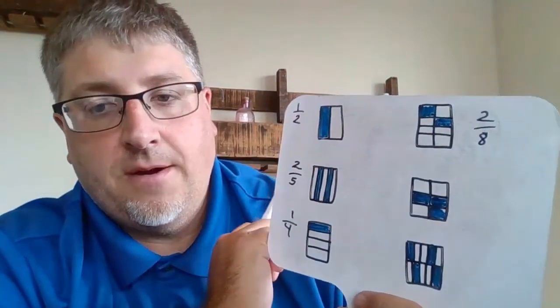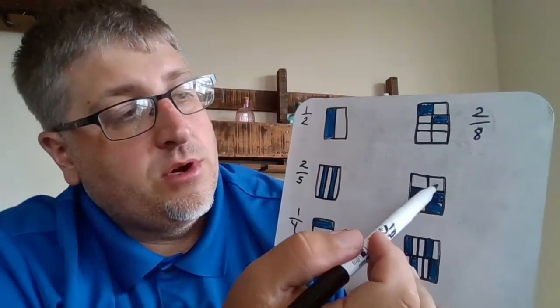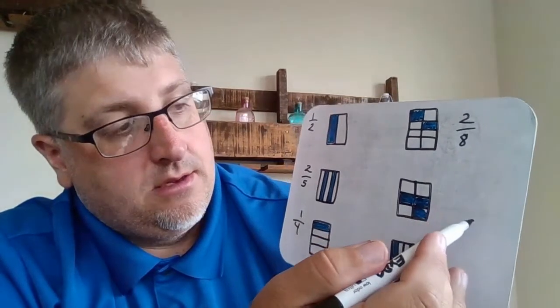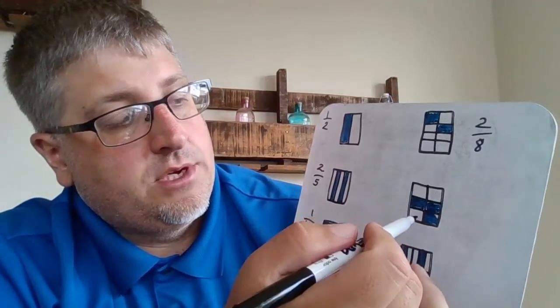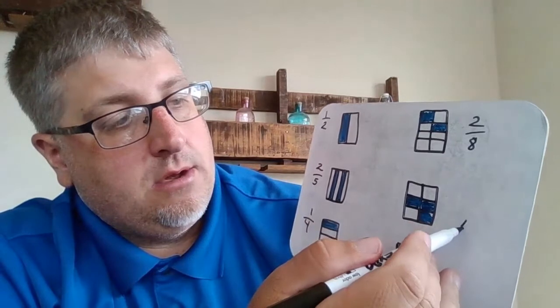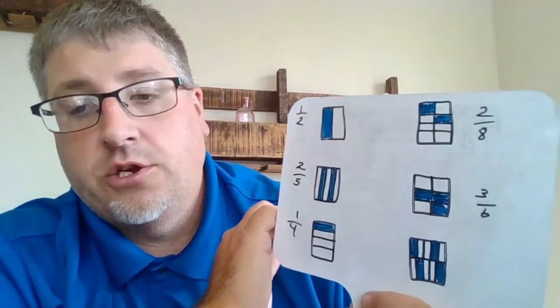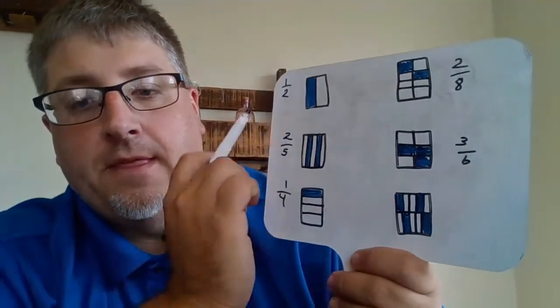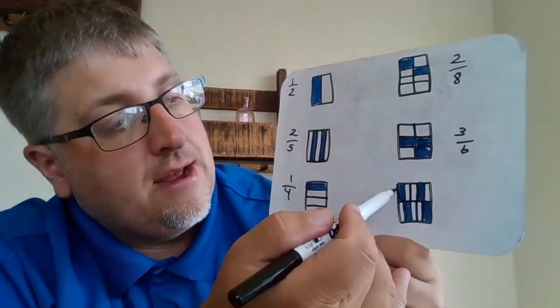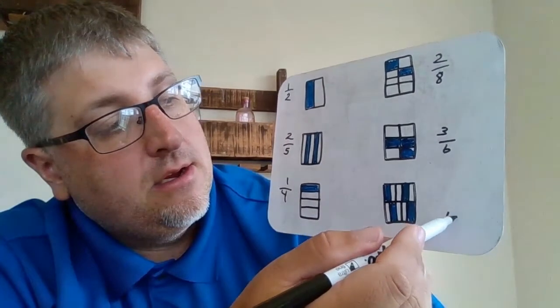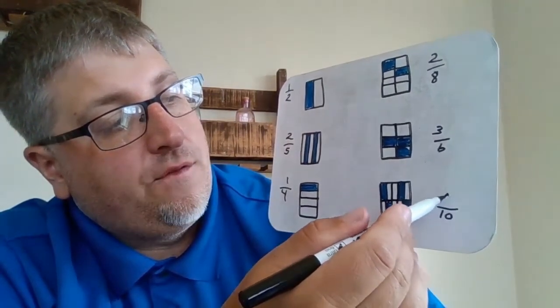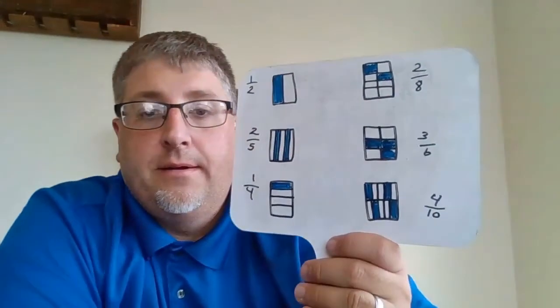So we have 2 8s over there. Here we have 1, 2, 3, 4, 5, 6. And then we have 3 that are shaded in. And then on the bottom here, we have 10. We have 4 that are shaded in.